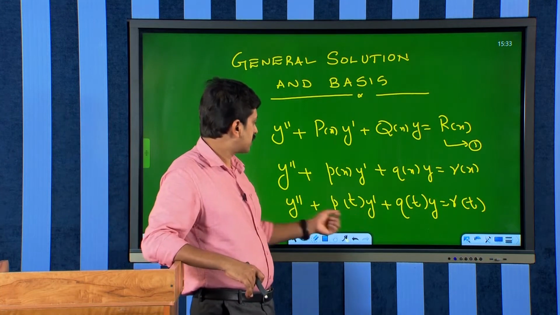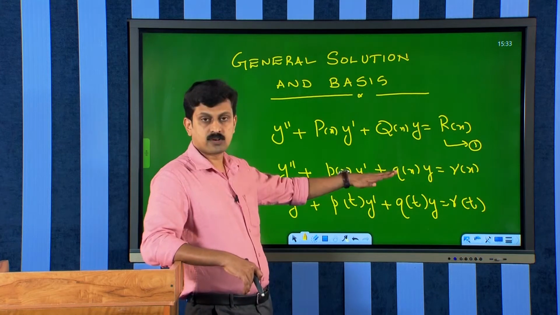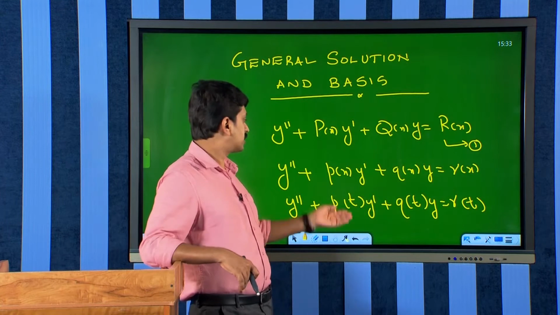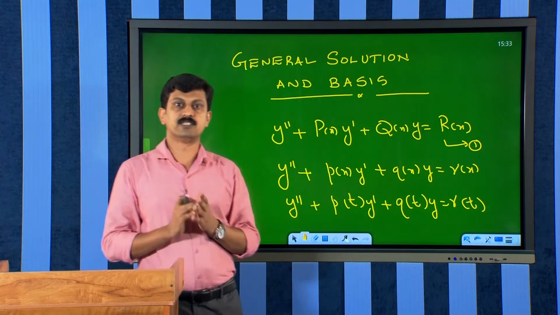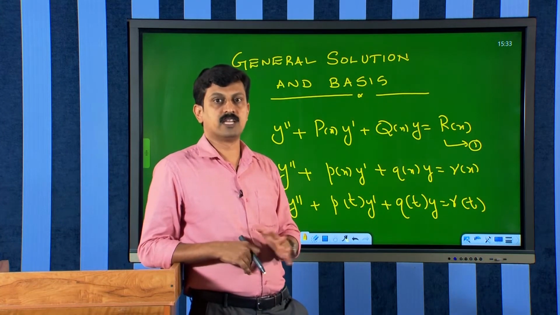So we can say that these are all different forms of the second order linear non-homogeneous differential equation. The representations may have small changes, but all are similar and equal.